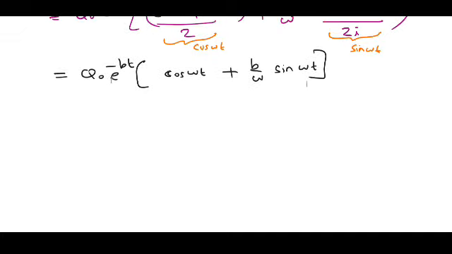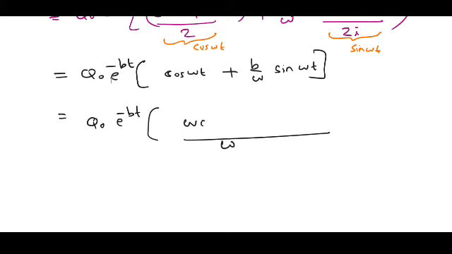Now I take omega as LCM, and this will be q0 e power minus bt, omega cos omega t plus b sin omega t.